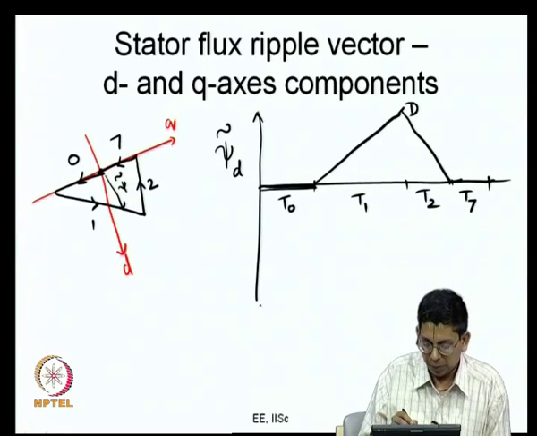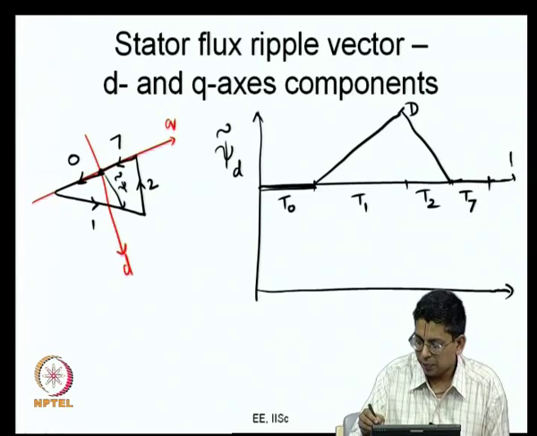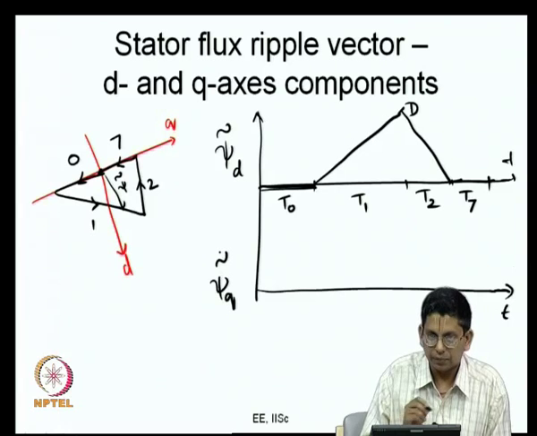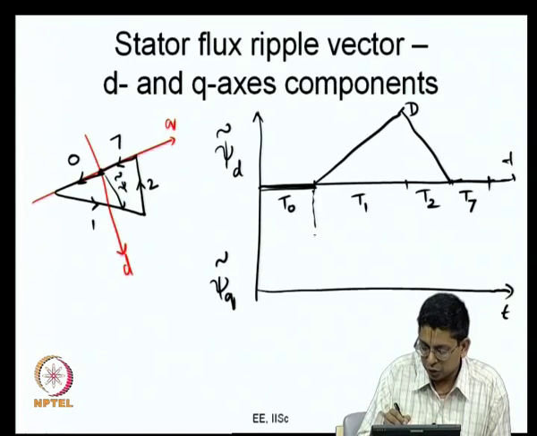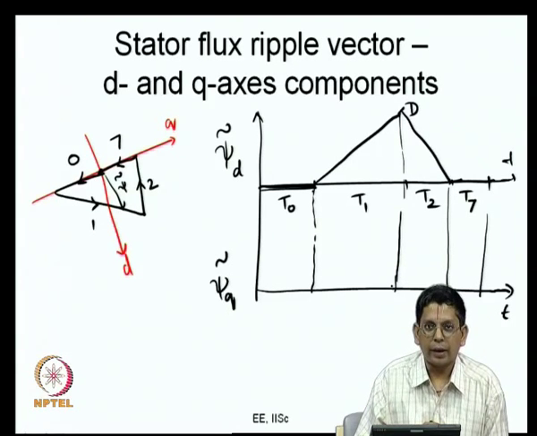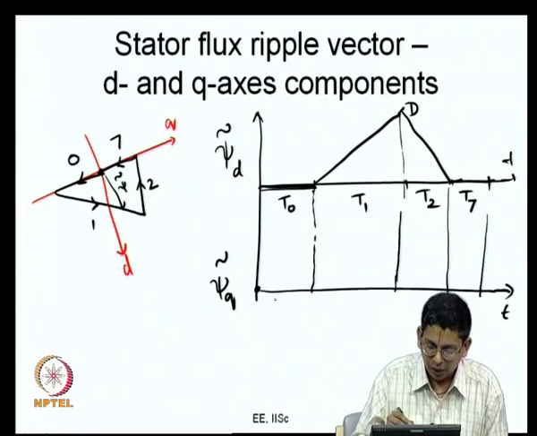All right. Now, let me try and plot psi q tilde versus time. How am I going to get psi q tilde? Let me just project all this down. Okay. So now what happens is when I start from here, when I apply null vector, psi q is 0 and it actually goes in the other direction.